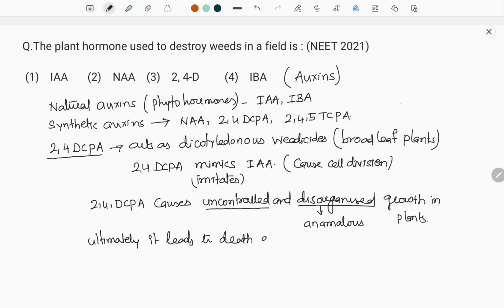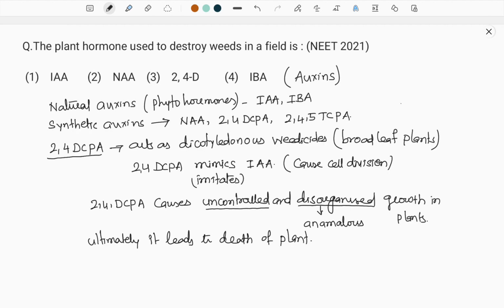It is very surprising that uncontrolled growth also leads to death of the plant. The reason is that the nutrients, energy, available resources and biochemicals are not enough to support that much growth. As the resources become insufficient, the supply becomes less, which leads to death of the plant. So this is the modus operandi of 2,4-D.